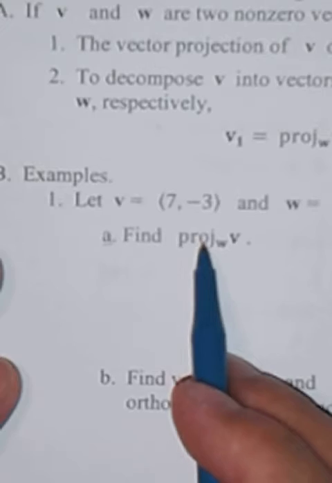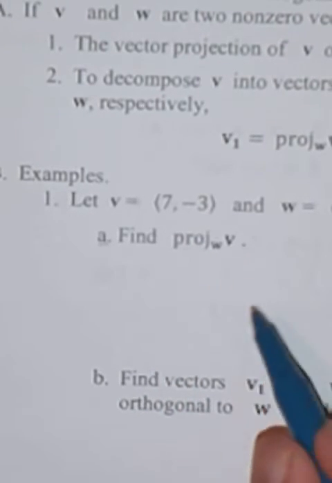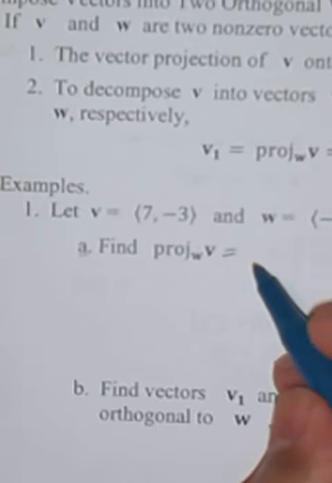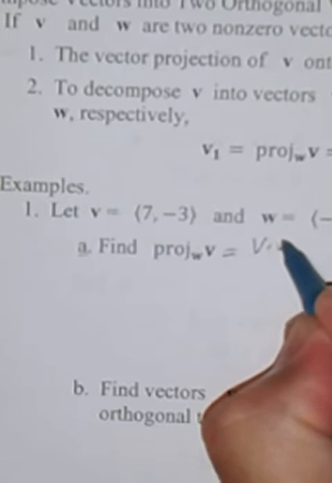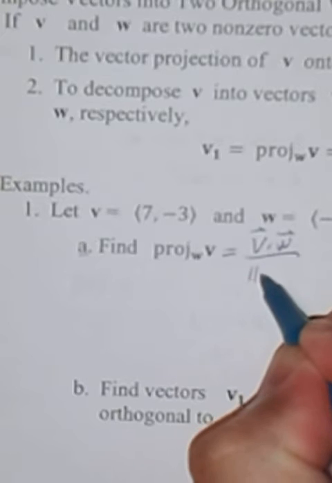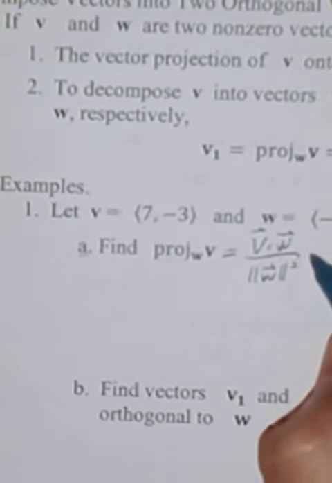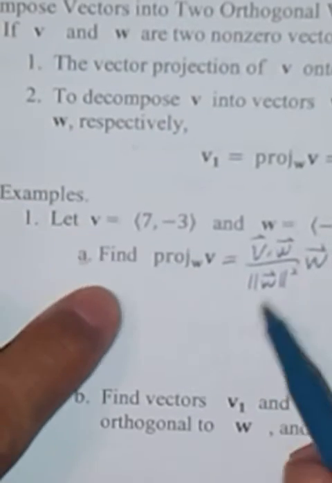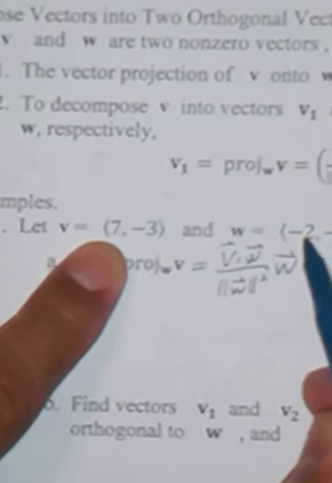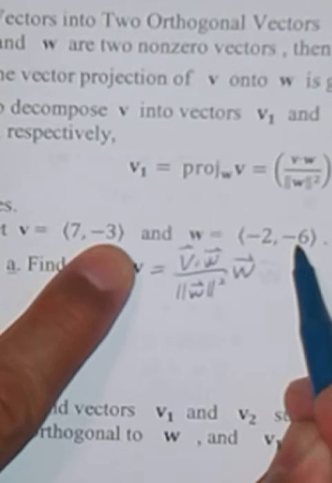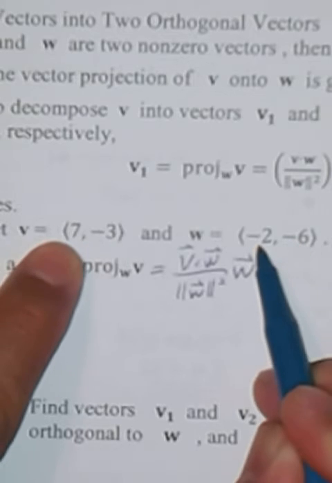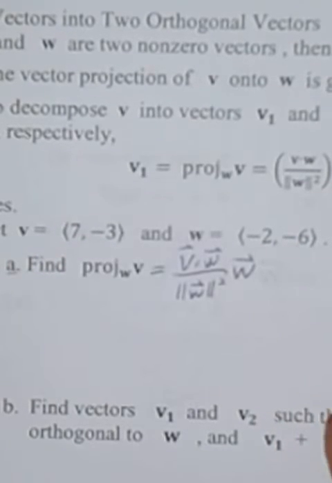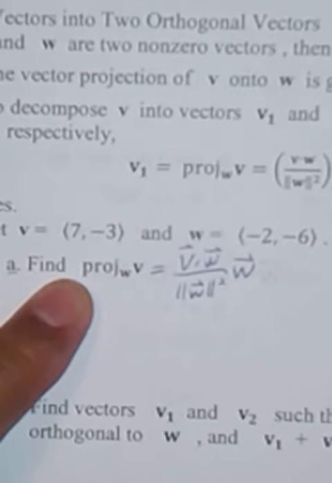Okay, all right, so let's do the first part, find the projection of V onto W. So this will be the dot product of V and W, V dot W, over magnitude of W squared times the vector W. All right, so V dot W is going to be negative 14 plus 18, and that'll be 4.